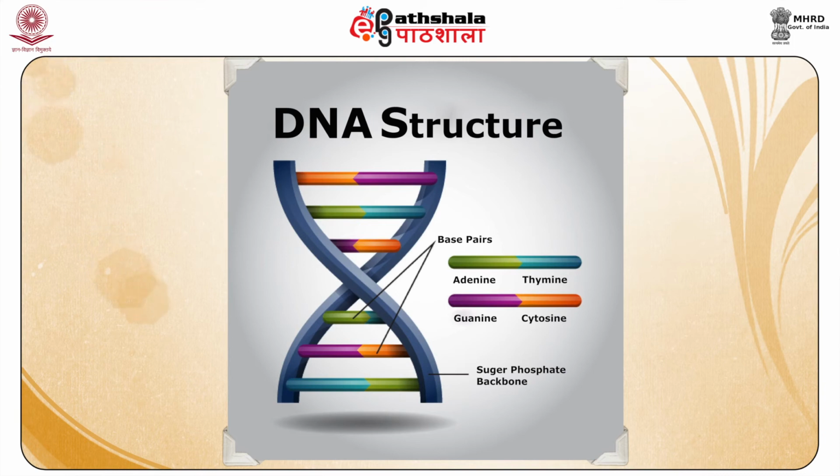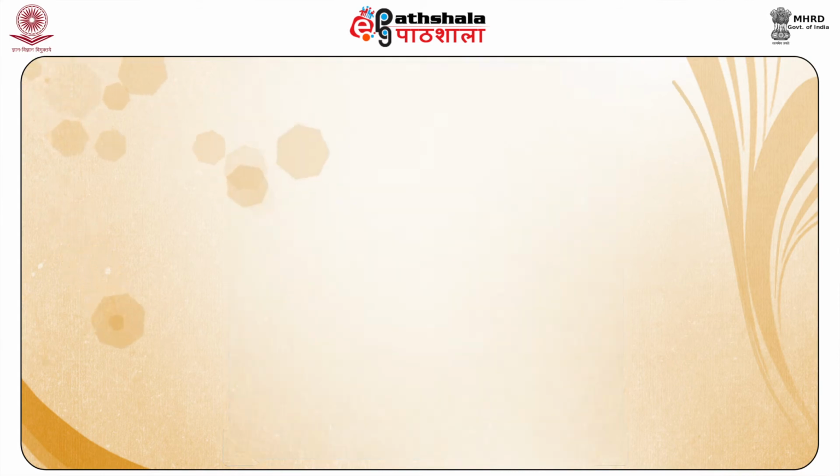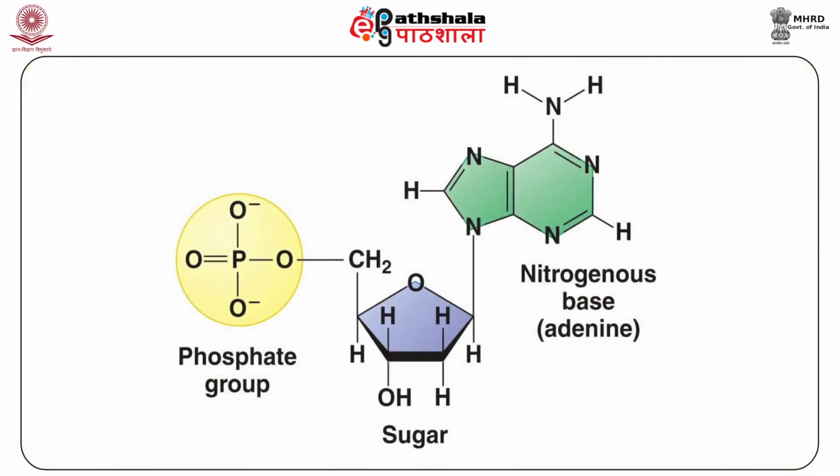Guanine, a purine, always pairs with cytosine, which is a pyrimidine, by 3 hydrogen bonds. The schematic diagram has been shown here, which shows the pairing of all the 4 nitrogenous bases with the formation of 2 and 3 hydrogen bonds.